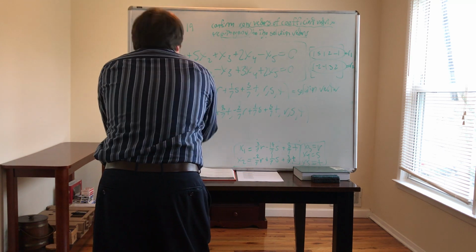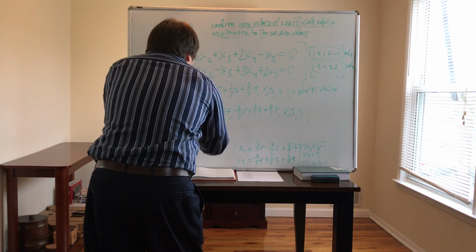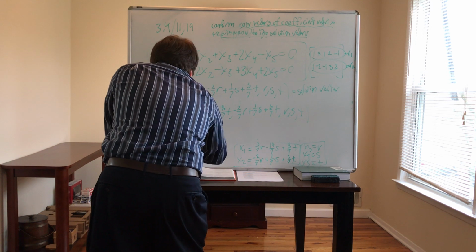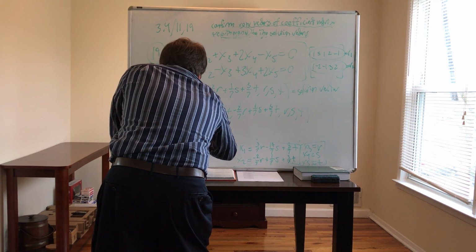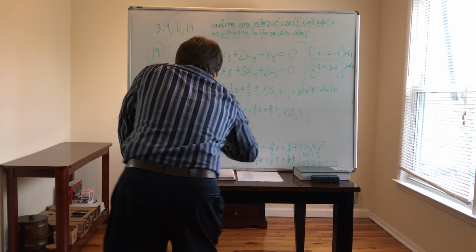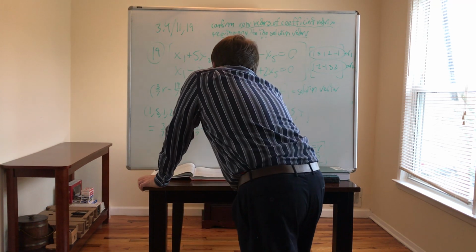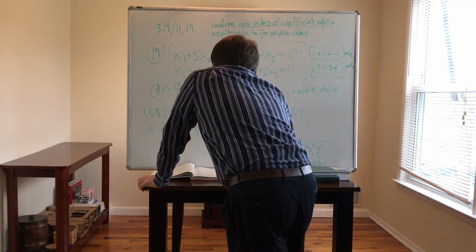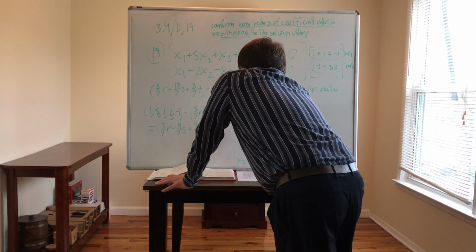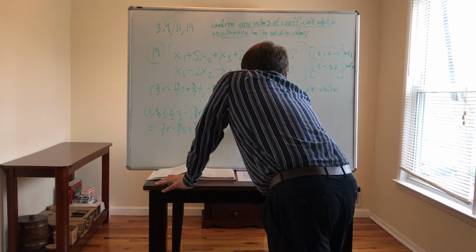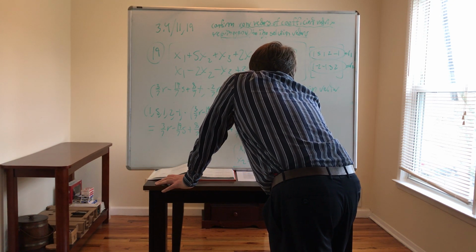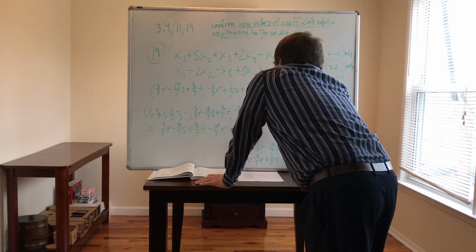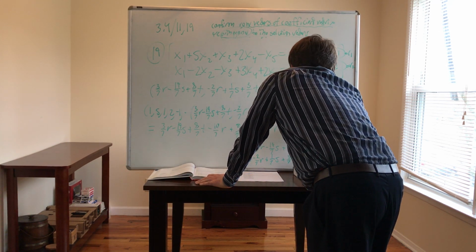So 1 times this is 3/7 R minus 19/7 S plus 8/7 T, plus 5 times this, which is minus 10/7 R plus 5/7 S plus 15/7 T, plus R plus 2S minus T.